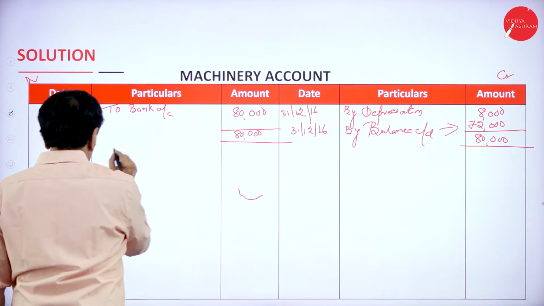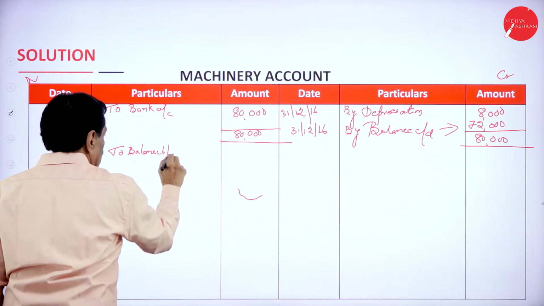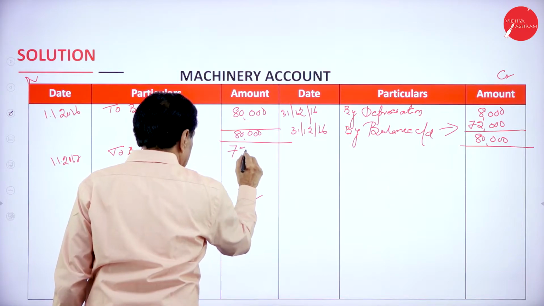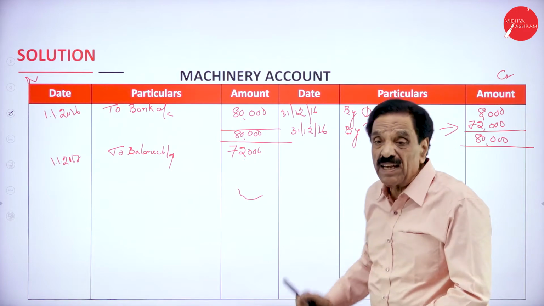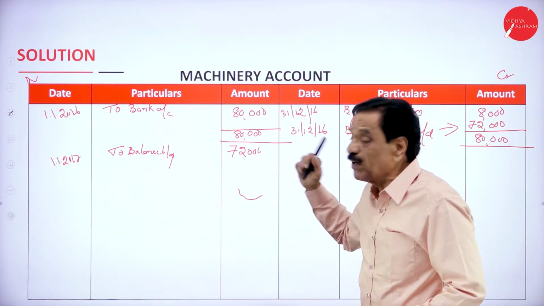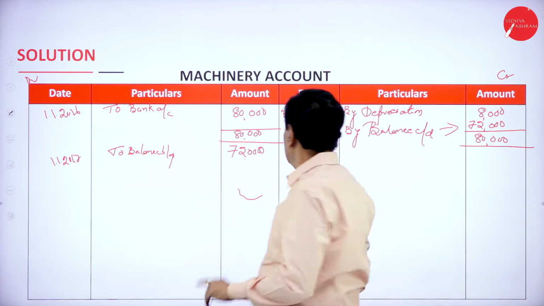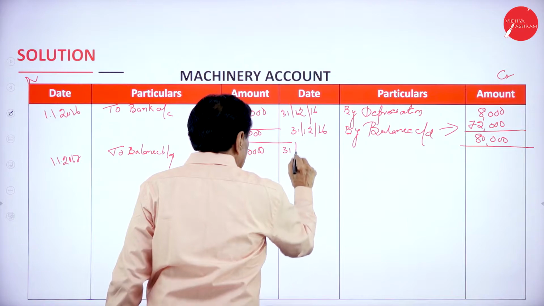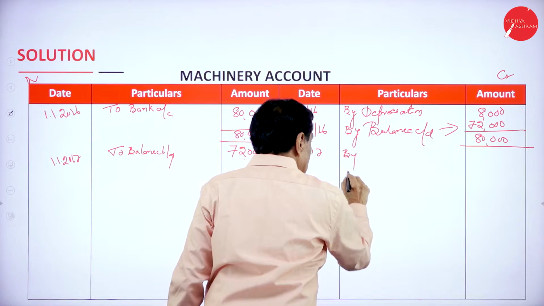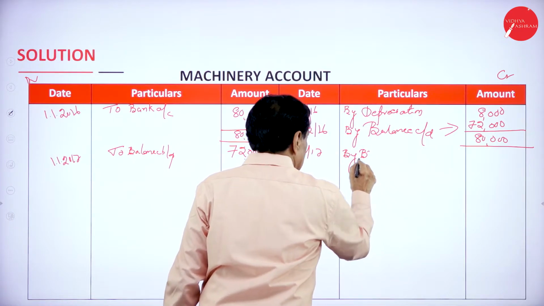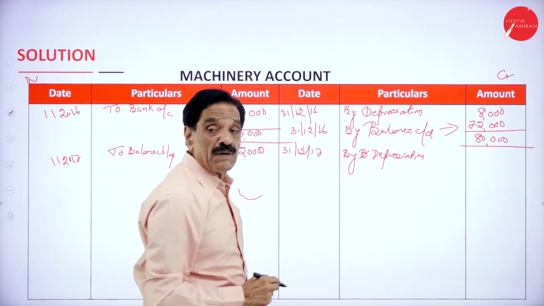1/1/2017, to balance brought down, 72,000. End of the year, how much is there? 72,000. Depreciation remains constant. Here, 31st December 2017, by depreciation.